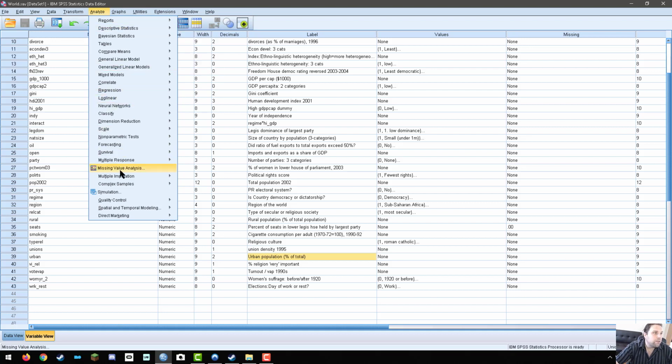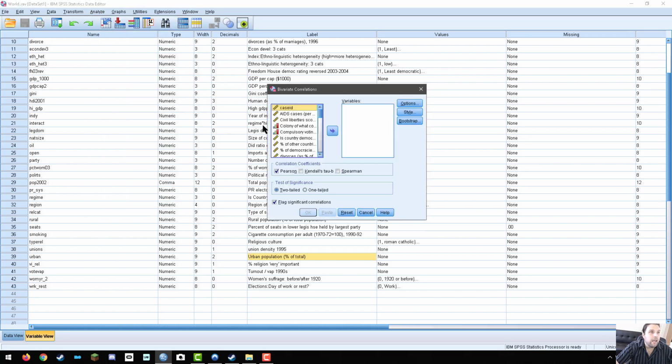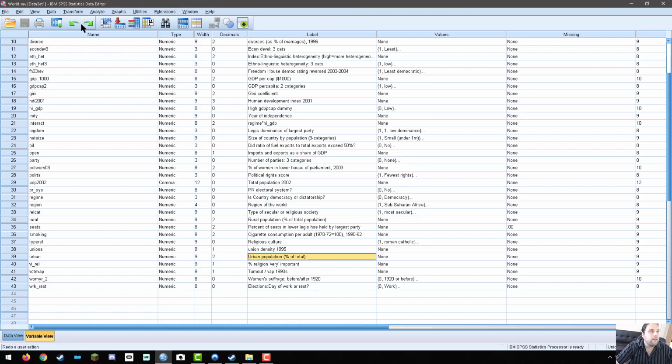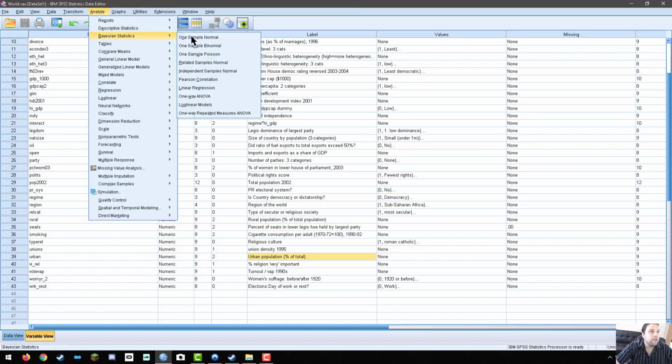But you can also do this by going down to correlate, bivariate, and that would allow you to do Pearson's, Kendall's tau, Spearman's rho as well. All right, so anyway, let's get back to the way I was going to show it. Analyze, descriptive statistics, crosstabs, just as you did earlier with the hypothesis testing that we did.